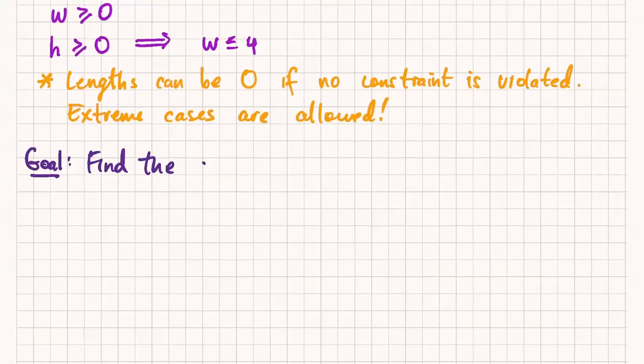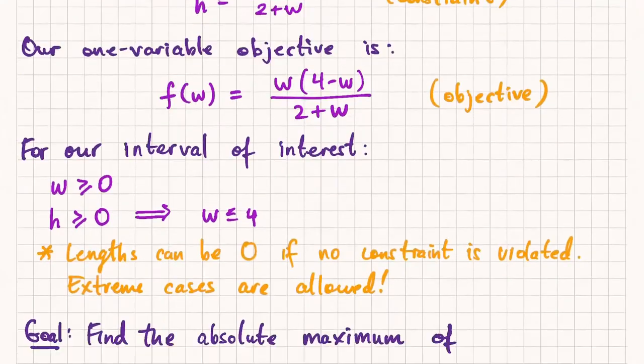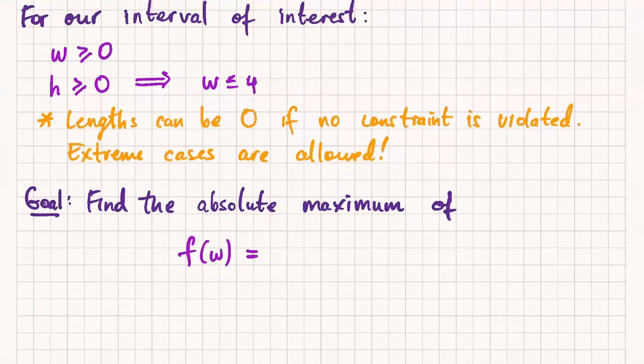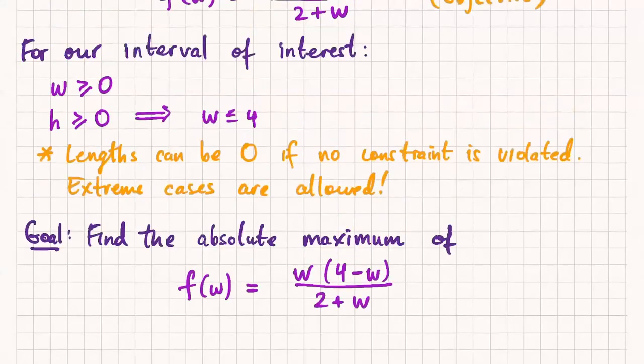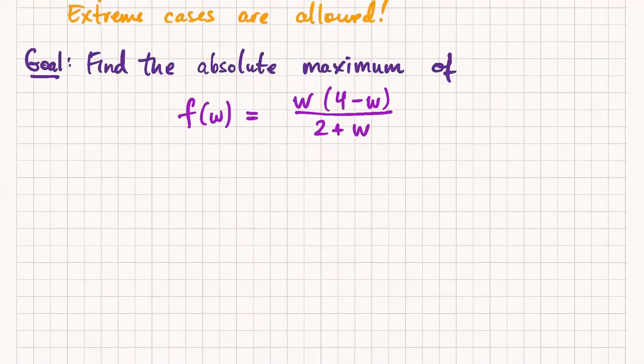Find the absolute minimum and absolute maximum of my area function, which was this thing, on the interval 0 to 4.